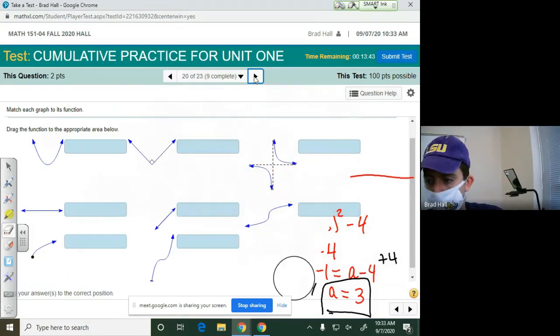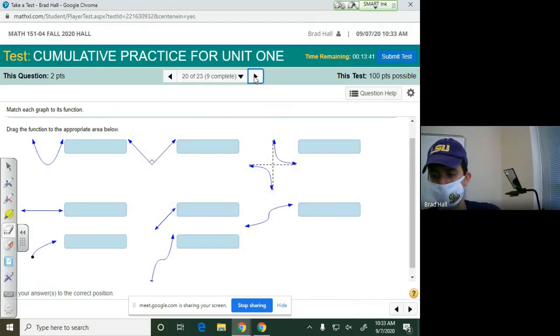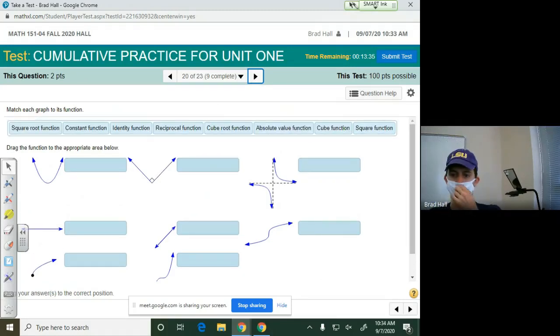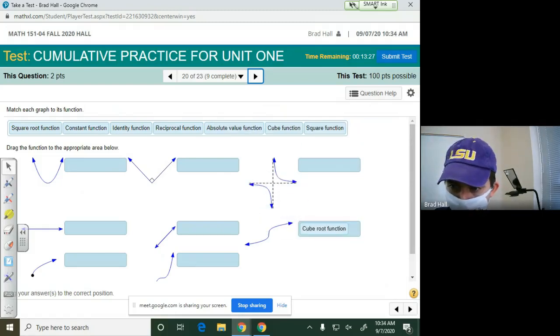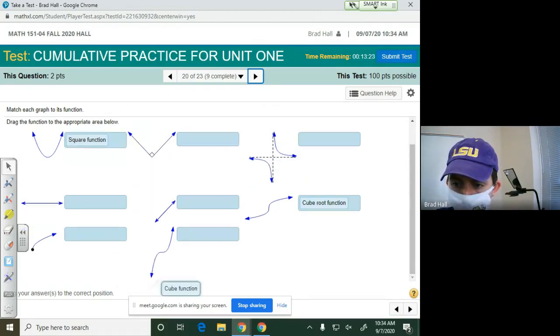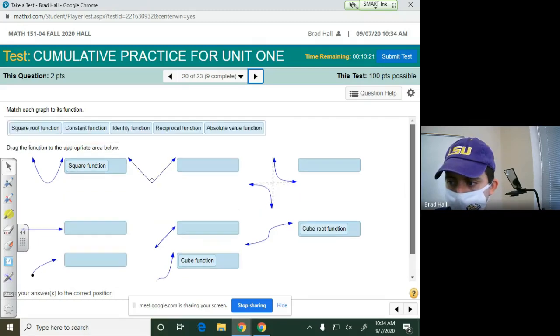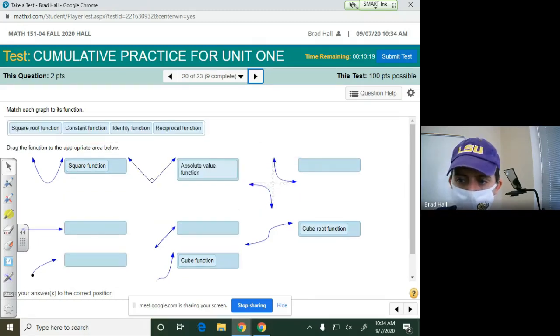Pretty much what this problem says is be familiar with your library of functions. So we have a whole page where all of these shapes are provided along with their names. And you would come right here and start moving them to their appropriate places. I'm going through this quickly because you have a whole page that gives you all of these.